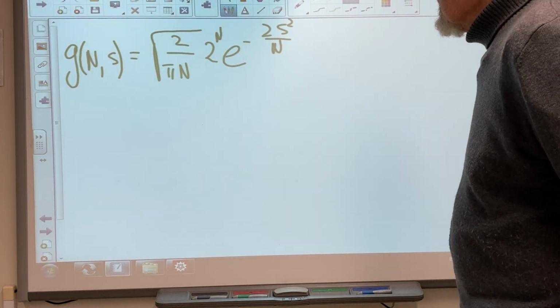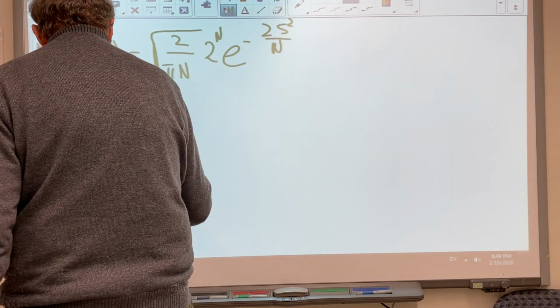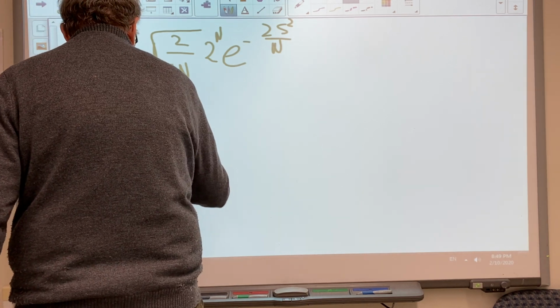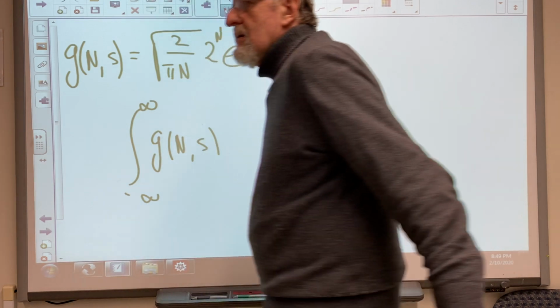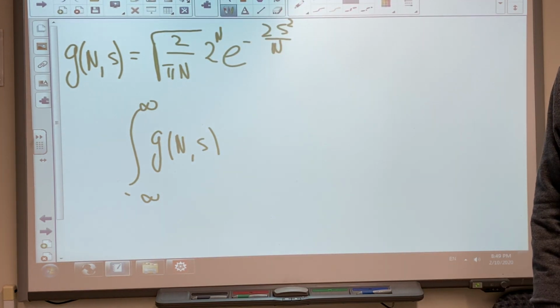How do I know that this is correct? Well, do the simple following thing. Integrate this g of n, s from minus infinity to infinity. Now, this has to give me all the states in the system, right?